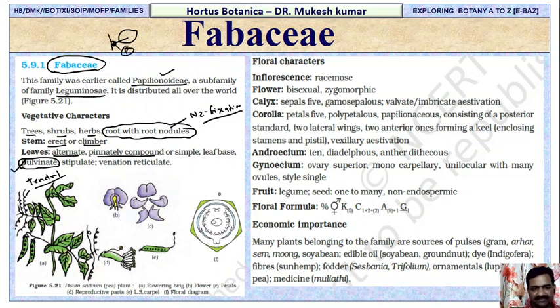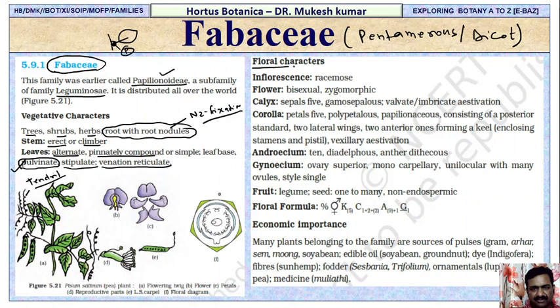Stipules are produced, so stipulate. And this is pentamerous, so it will be 5 or in multiples of 5. They are also dicots. So this is your common character.